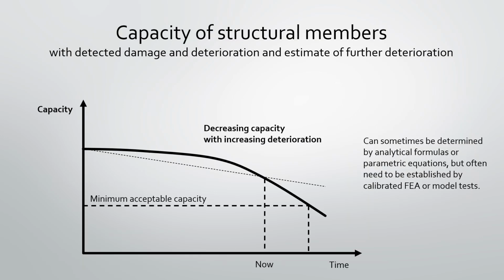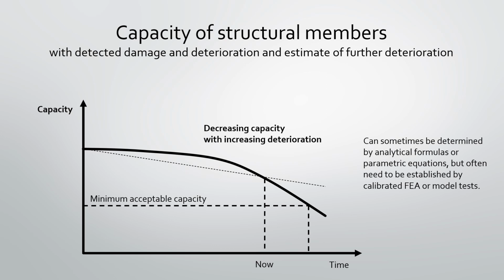The capacity of structural members will often decrease with time, and we need to use the present capacity and the capacity we expect at the end of the life extension in our analysis. Such capacity formulas can sometimes be determined by analytical formulas or parametric equations, but often these need to be established by calibrated finite element analysis or model tests.